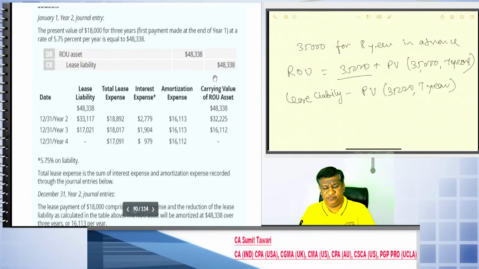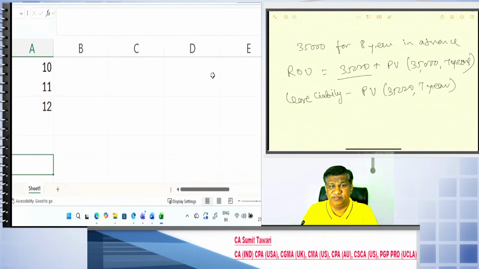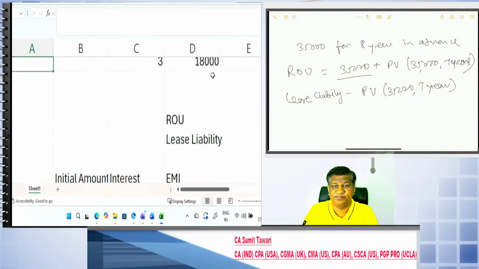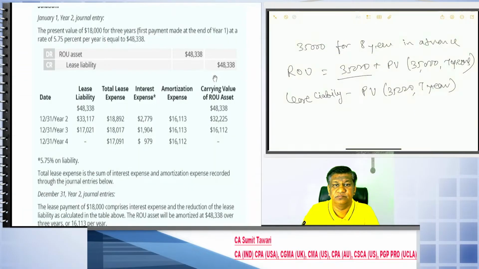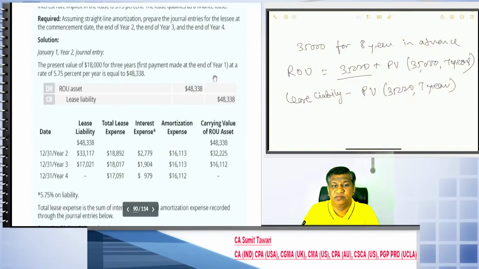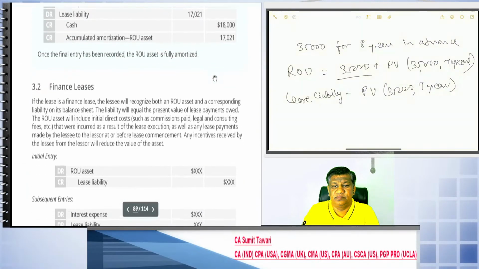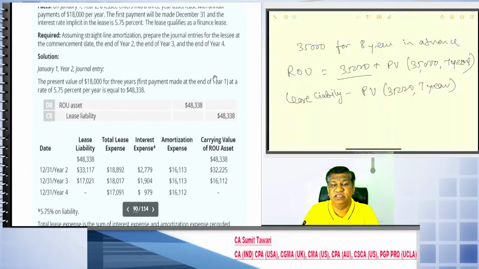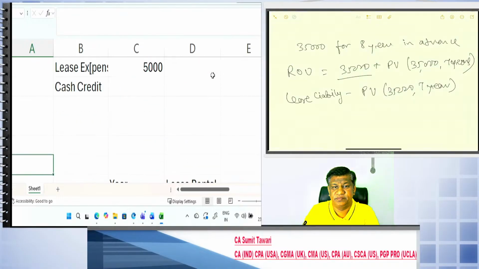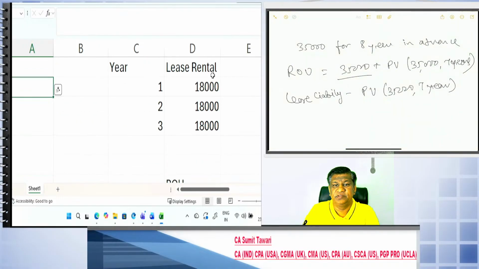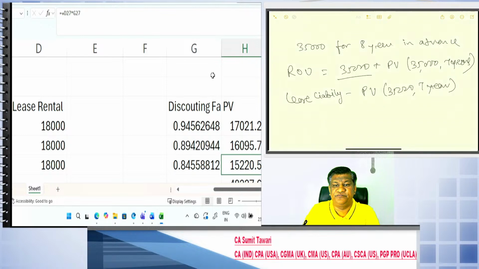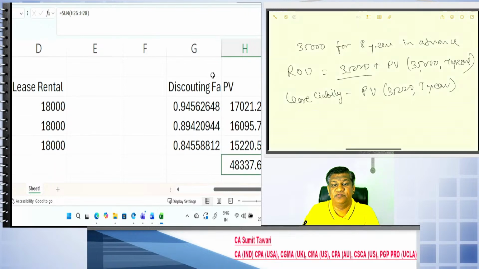Okay. So first we need to calculate what is my lease liability. We are talking about the operating lease at this moment. No, sorry, finance lease. Okay. So in finance lease, first we need to calculate what is my present value.